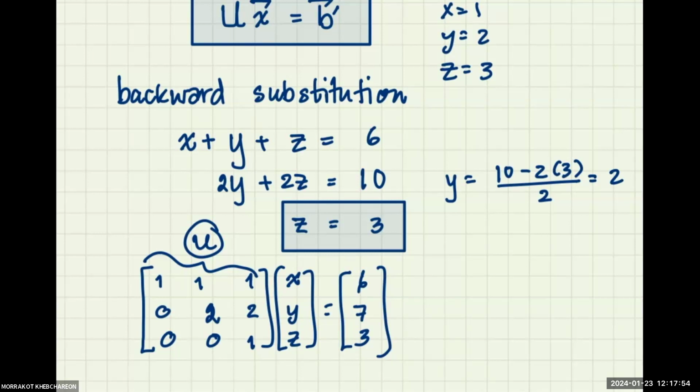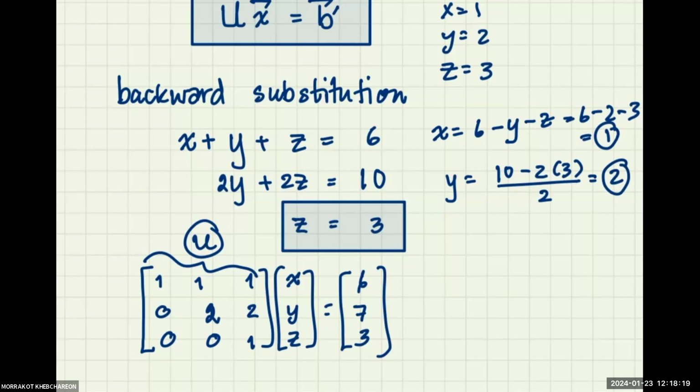Now that you have z and y, you plug them into the above equation, you get x. x is equal to 6 minus y minus z. y is 2, z is 3, so you get 1. So you get x is 1, y is 2, z is 3. So you can find the solution easily.